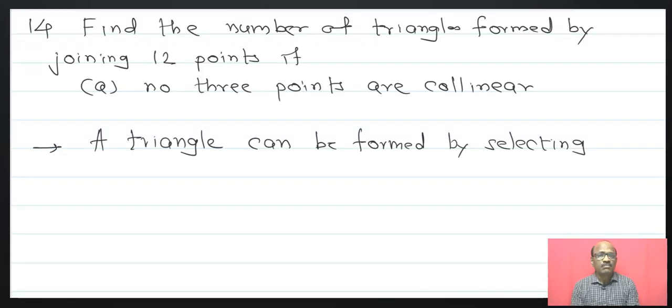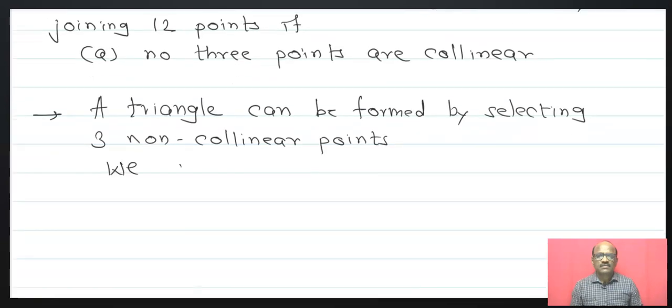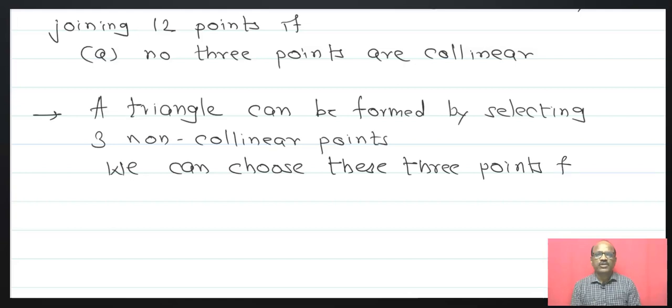A triangle is formed by selecting 3 non-collinear points. Therefore, we can choose 3 points from 12 points.